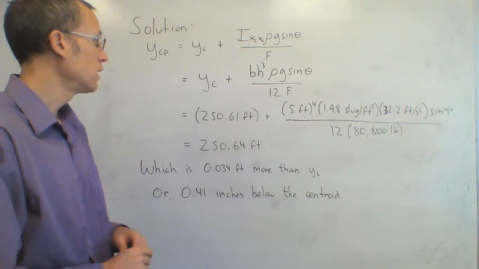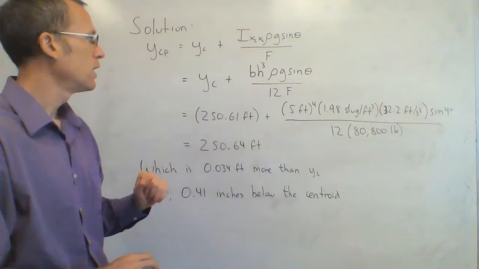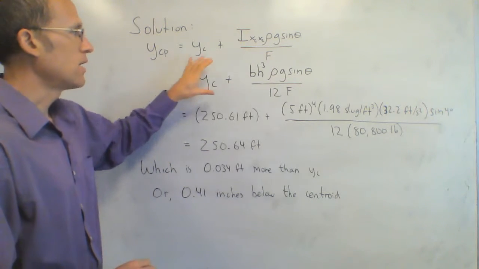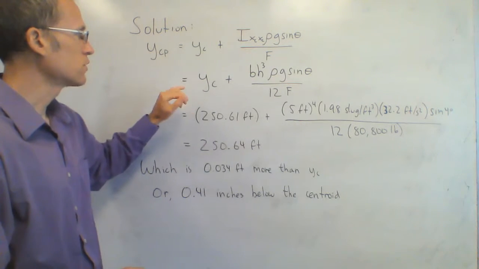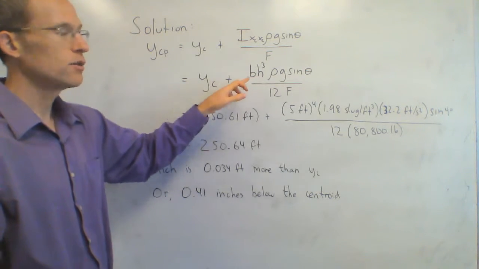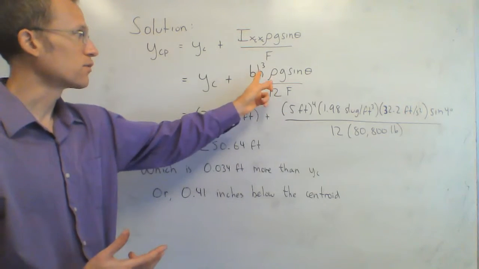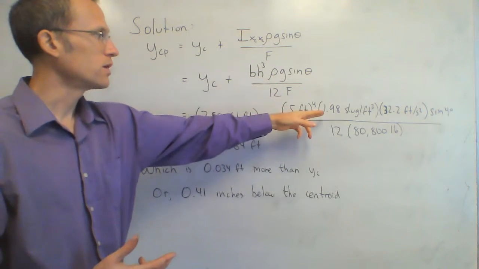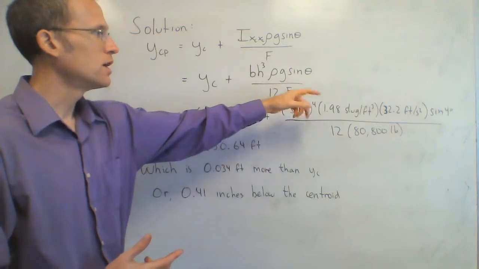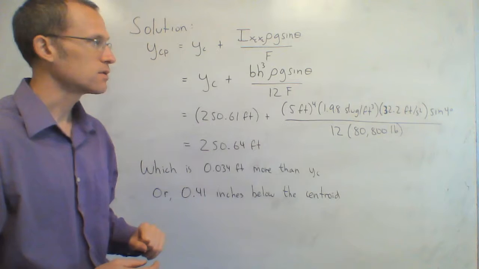So plugging in base times height cubed over 12 for I, moment of inertia, I now have all the numbers I need. yc I found is 250.61 feet. Base times height cubed, it's a square, so they're both the same thing. They're all 5 feet, so I basically have 5 feet to the 4th power. Density 1.98, g 32.2, sine of 4 degrees, over 12 times the force that we found, 80,800 pounds.